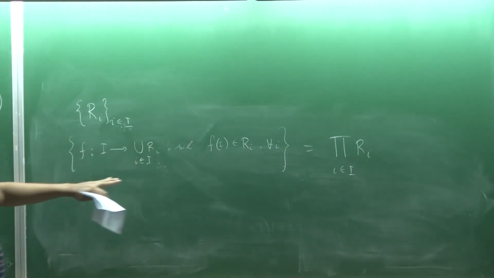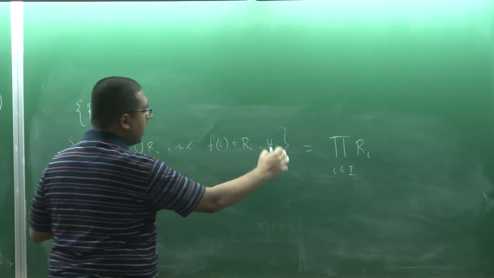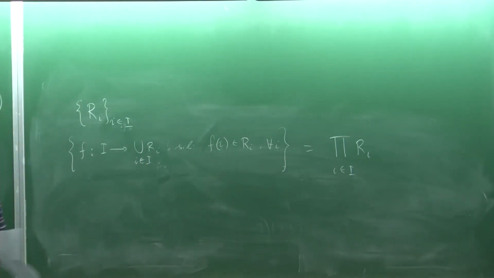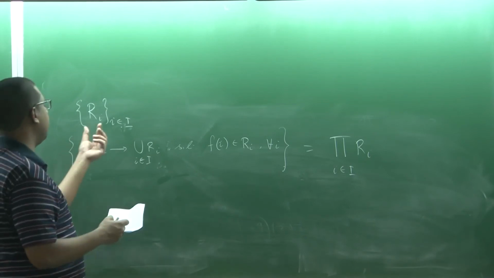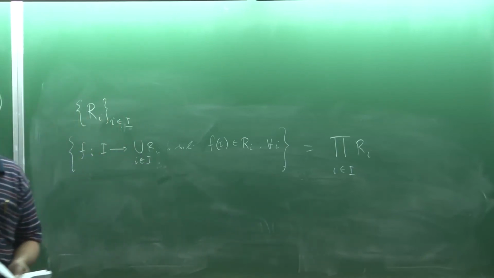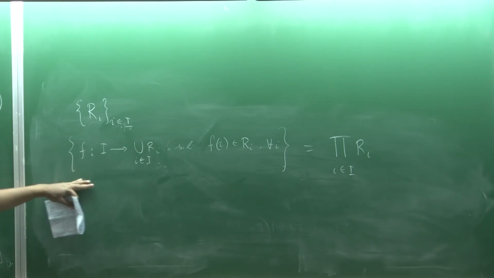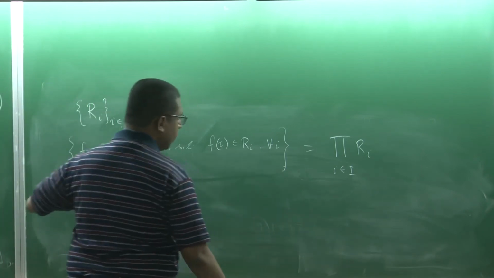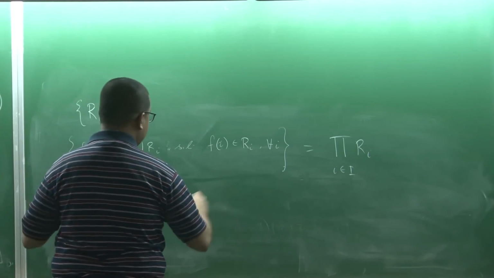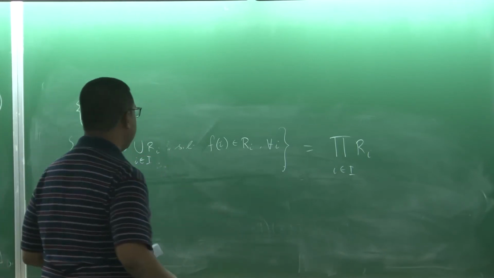See, in order to define this, we do not need the Ri's to be rings. So basically this goes for any arbitrary collection of sets, okay. For any given arbitrary family of sets, this is what is called the Cartesian product of this family. Now, when each member of this family is a ring, then we will see that this also naturally becomes a ring with respect to pointwise addition and multiplication.